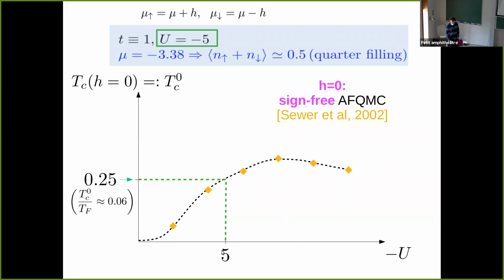And you see that our choice of 5 is really within the strongly correlated regime of the BCS-BEC crossover. It's not in the far BCS regime at weak coupling where TC is exponentially small. And numerically, the value of TC here is 0.25, which corresponds to 0.06 TF.